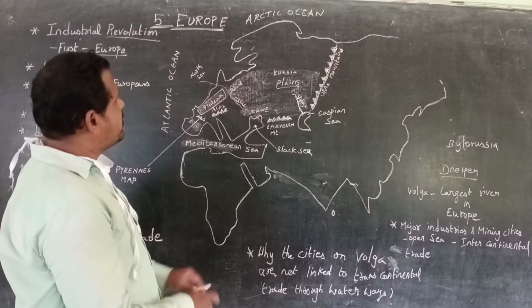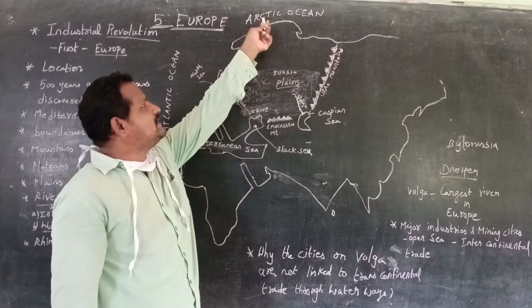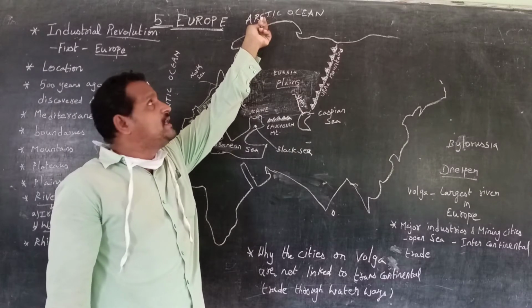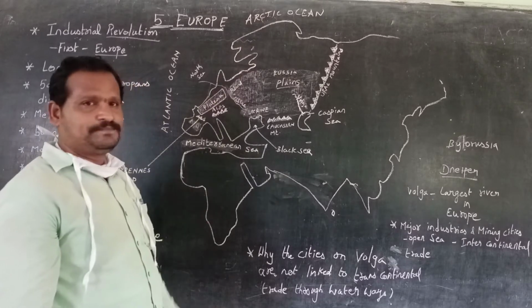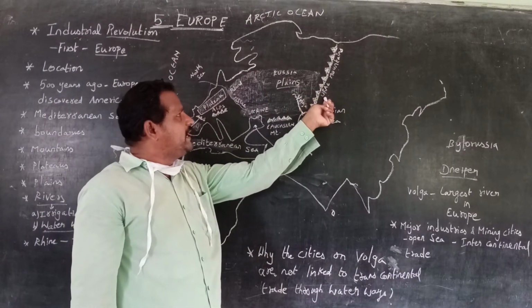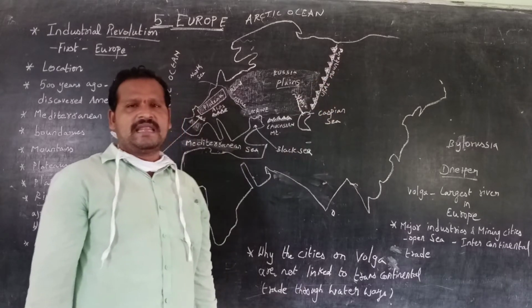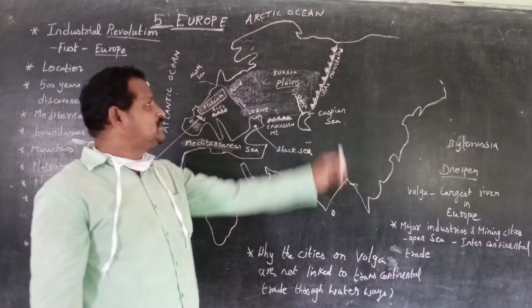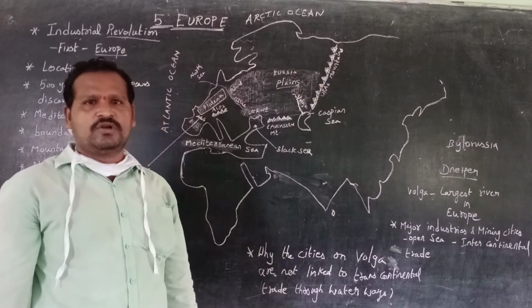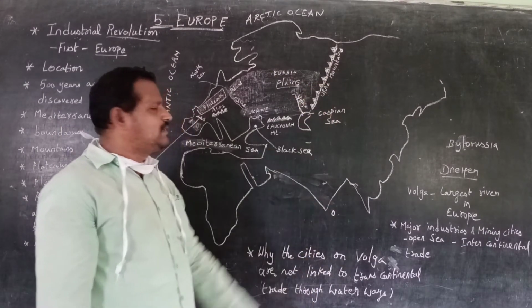Now, to the north of Europe, you can see the Arctic Ocean, also frozen with snow throughout the year. To the east of Europe, you can see the Ural Mountains. They are not so high, but are covered with ice and snow throughout the year.